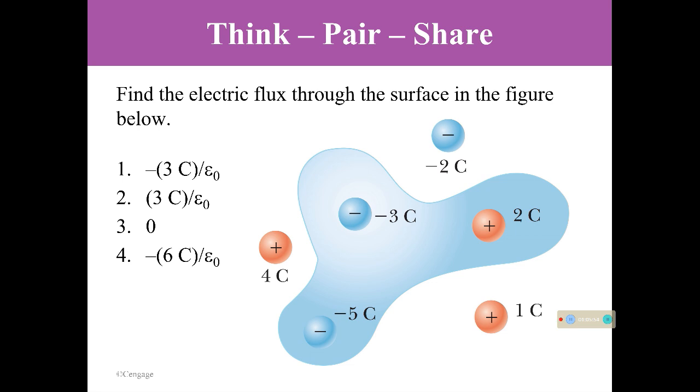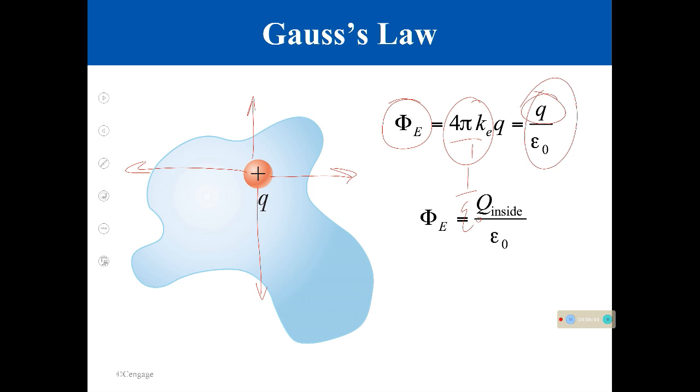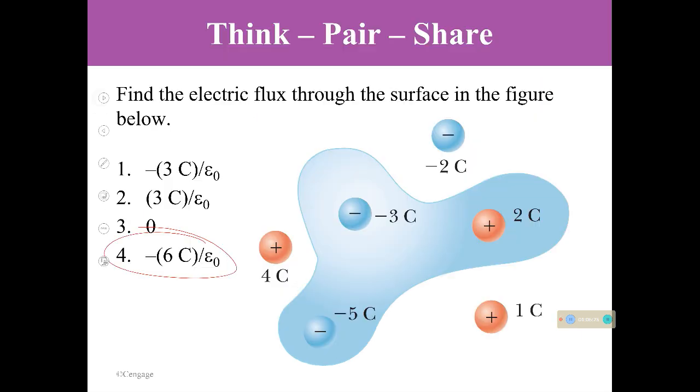Trying to do this mathematically would be a pain. Or I can go -5, -8, -6. I drew a Gaussian surface such that the charge inside that surface is a total of -6. And as we said on the previous slide, electric flux is simply equal to how much charge is inside that surface divided by epsilon naught.